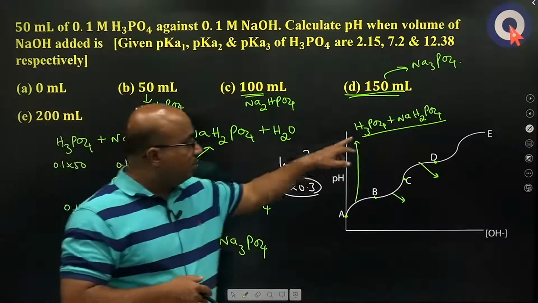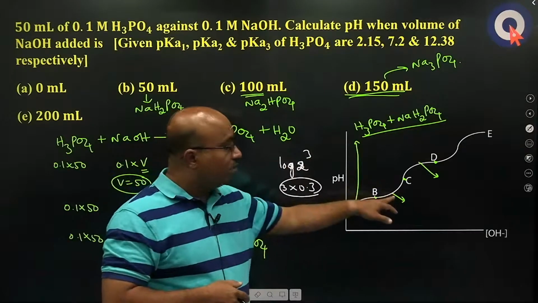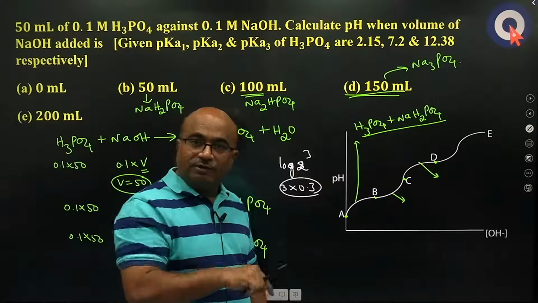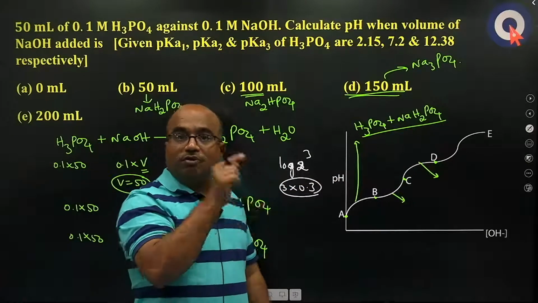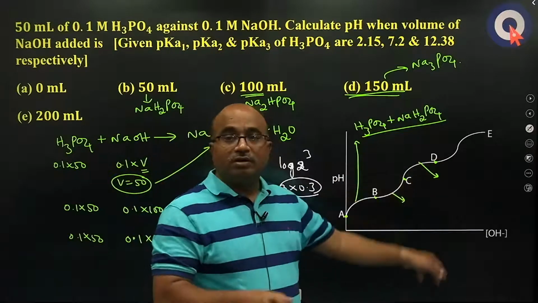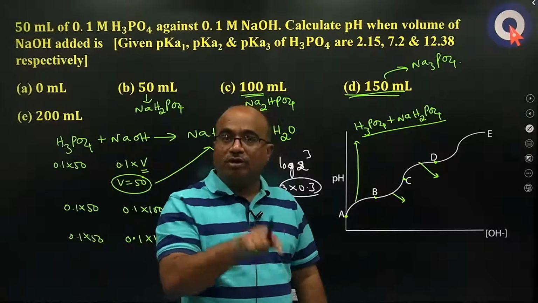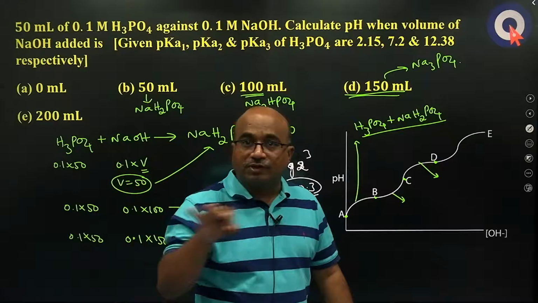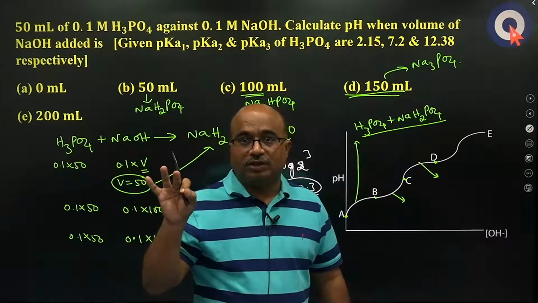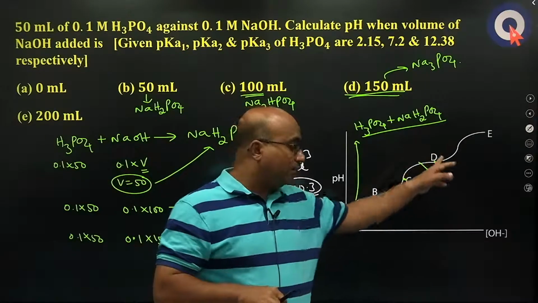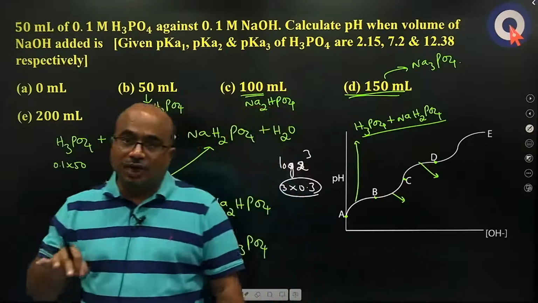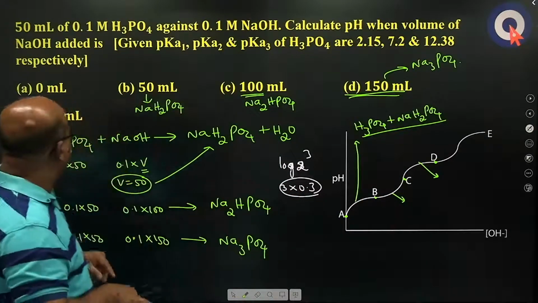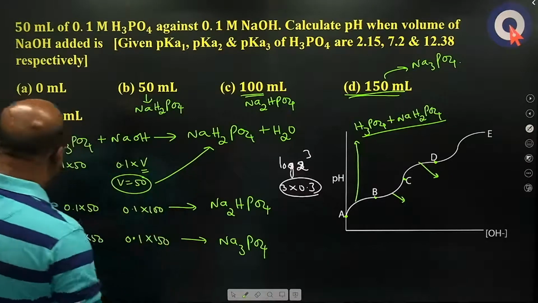So the first buffer is like this, second buffer is nothing but NaH2PO4 plus Na2HPO4, and here Na2HPO4 plus Na3PO4. So there are different buffers existing. But at these situations you are seeing the neutralization, first neutralization, second neutralization. So this is the thing.